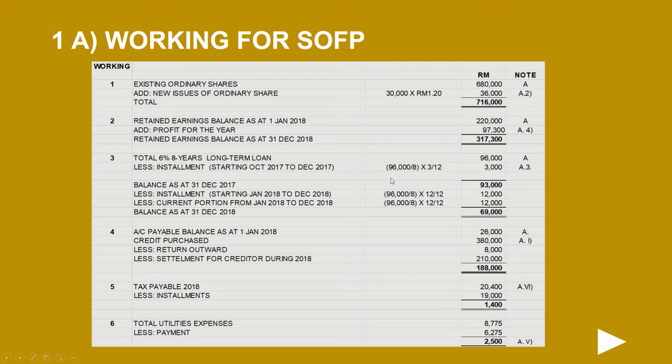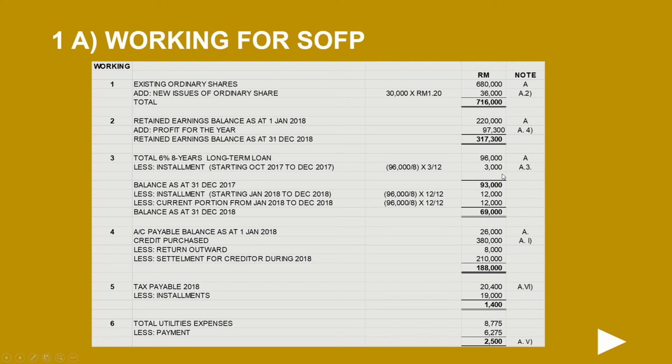The calculation is 96,000, which is the total amount of the loan, divided by 8 years, which is the term of the loan, times 3/12. Therefore, the total installment from October to December 2017 was 3,000 ringgit.